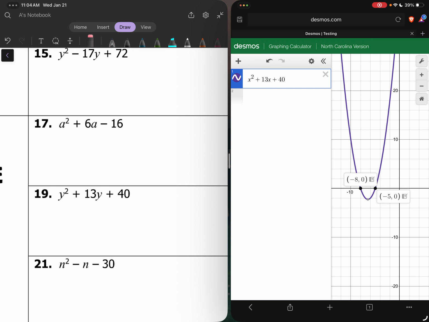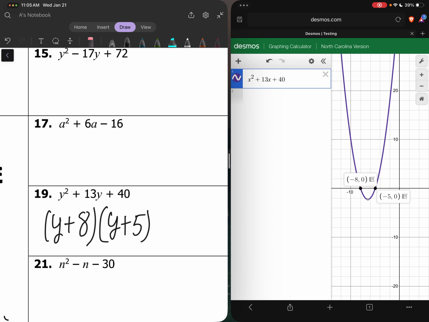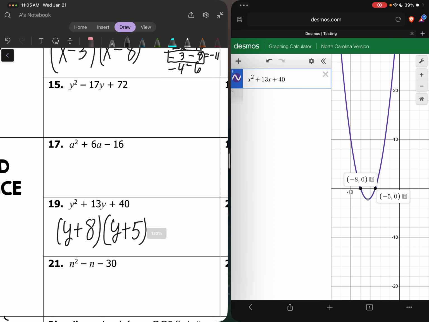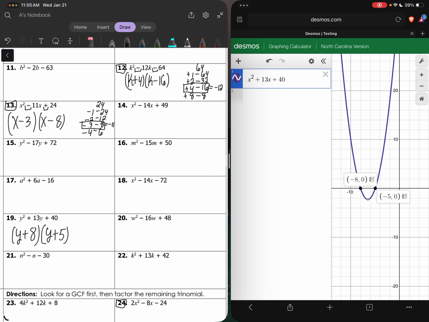Click on my coordinates, negative 8 and negative 5. My answer, instead of negative, I need to flip the sign. So y plus 8, y plus 5. Finished. Pause it and try the mixed practice.